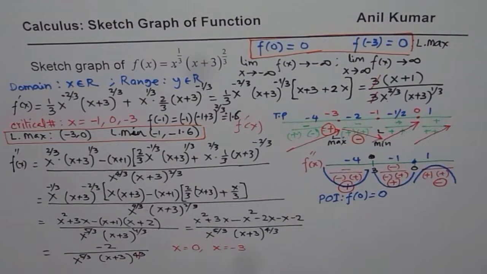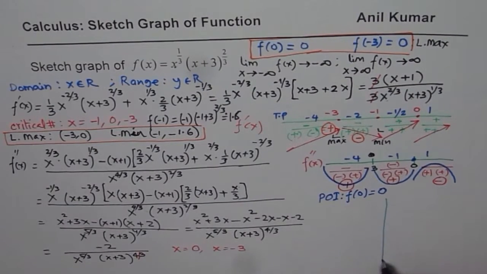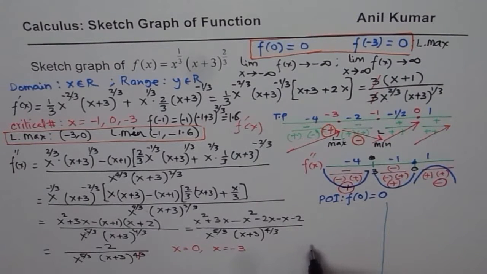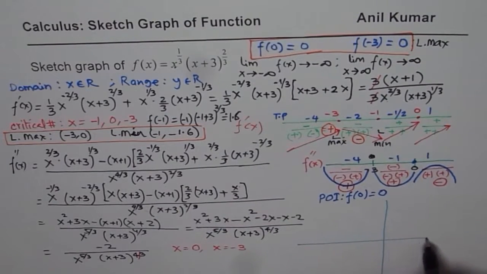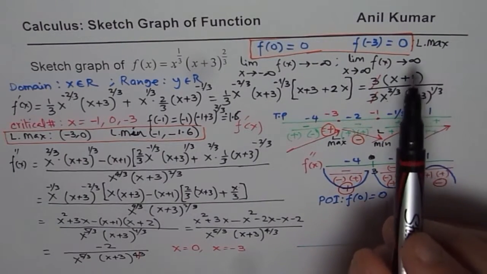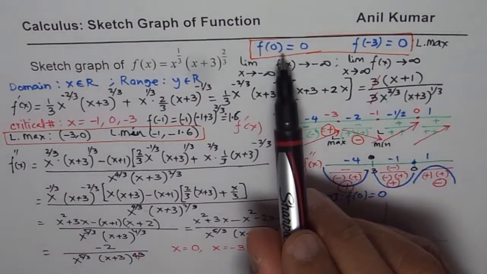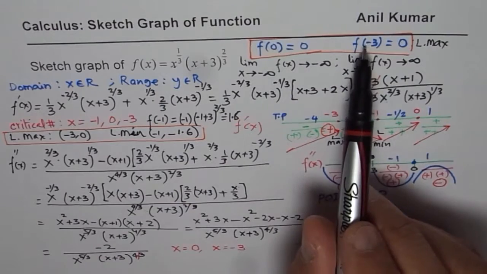Now we can summarize all these things and put them on a graph. So let us sketch them. If we analyze this, we find that the x-intercepts are at 0 and at -3.